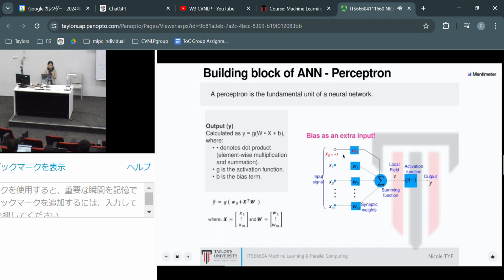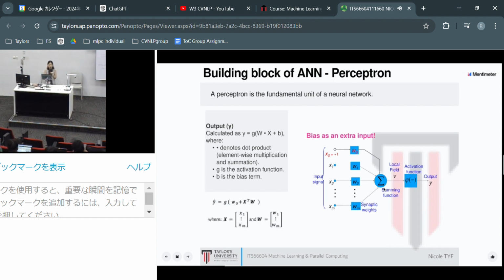We are taking the dot product, the element-wise multiplication and the summation, between our features and the weights. Then we add on our bias term. Taken all together, the result of this summation and the addition of the bias term will be passed through an activation function, which is represented by G over here, to produce our predicted output Y of one single neuron.